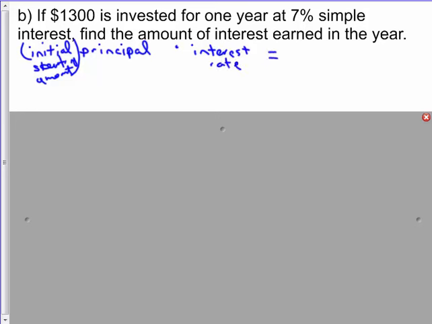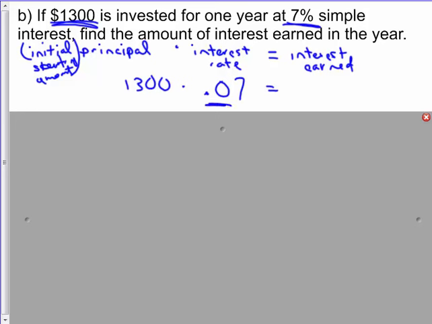So I'm going to earn 7% of 1,300. 1,300 times 7%. Remember, 7% is 0.07. Make sure not to put 0.7. Move the decimal point over two places, 0.07. When we multiply that, that's going to give us our amount of interest, which is $91.